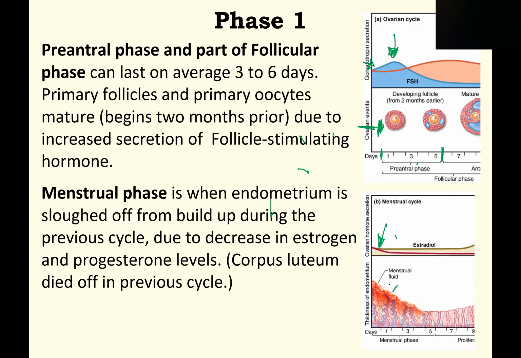So you see the sloughing off of the endometrium with the developed secondary oocyte from the previous cycle. So the menstrual phase is actually evidence of a previous cycle.